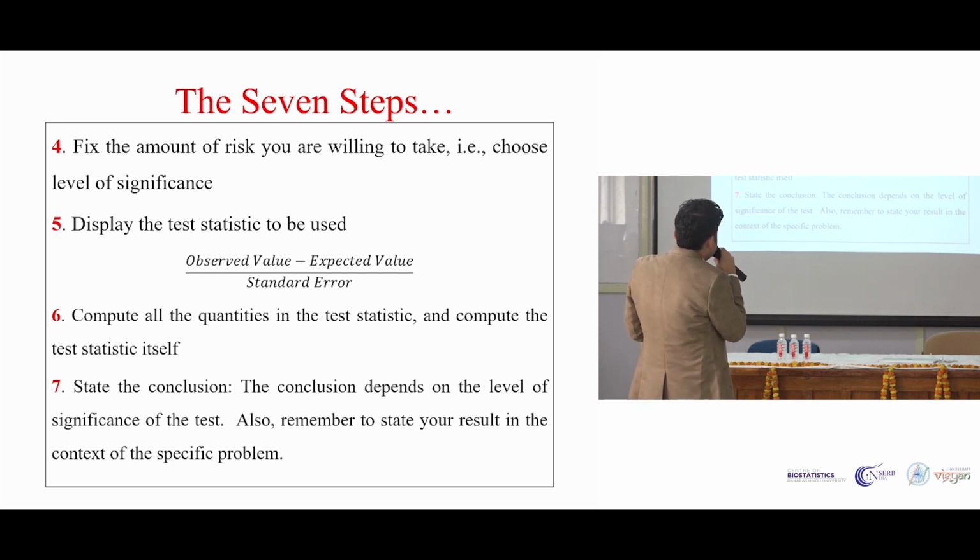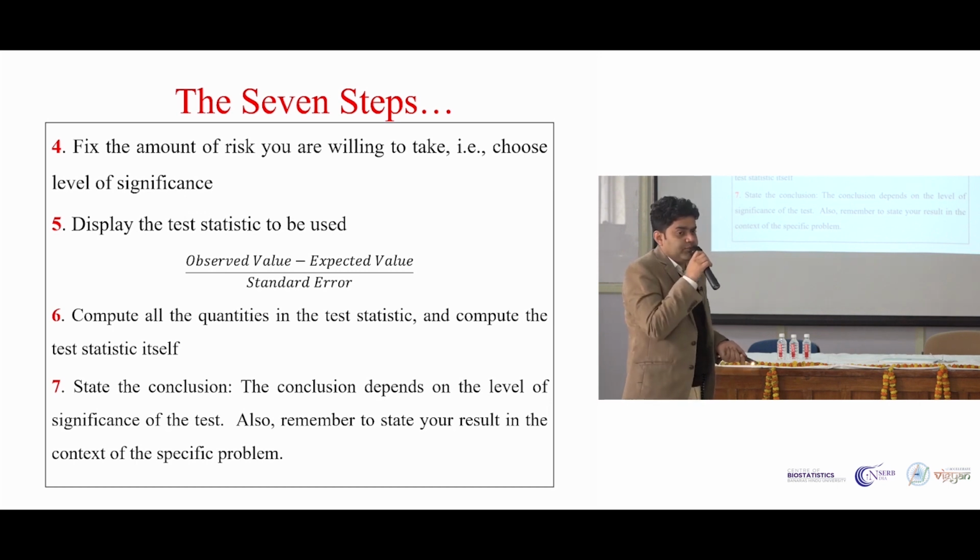Step number 5. Step number 6, compute all quantities in the test statistics and compute the test statistics itself. So we would be computing all these values: observed values, what is in our data set which we are observing; expected values, which we should expect from our data; and the standard error in our sample.